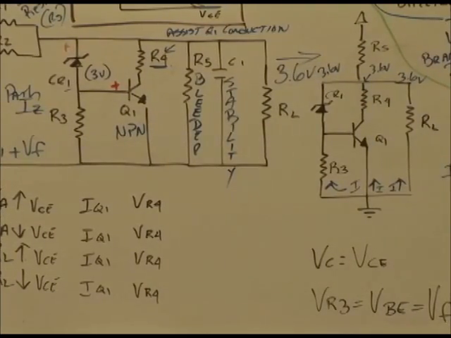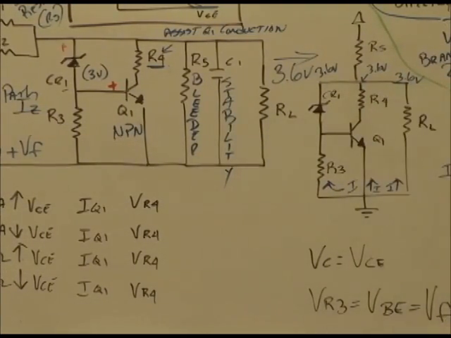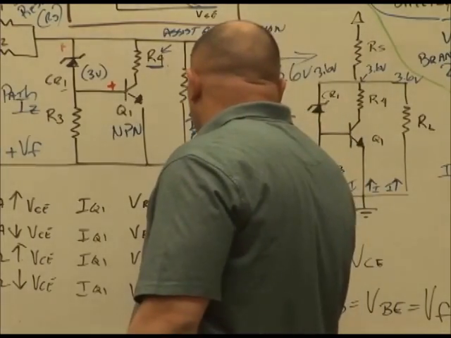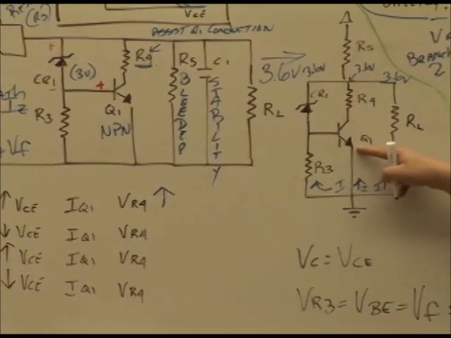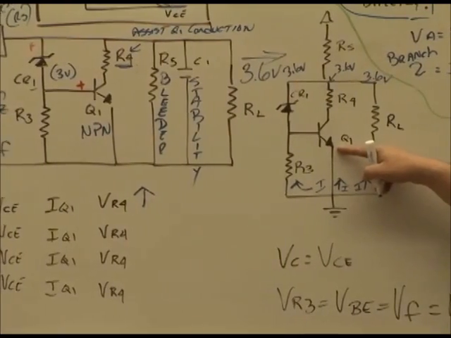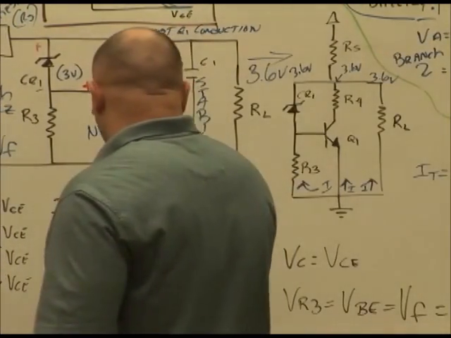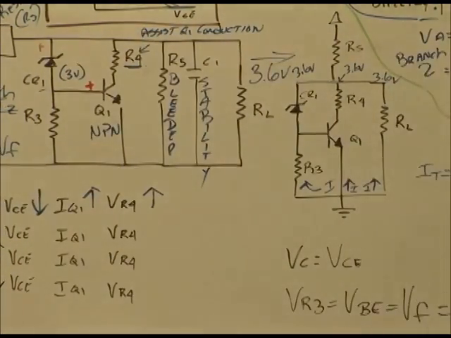Do I have more current in this branch? Okay, VR4 is going to increase. If I have more current being applied to that transistor, isn't that 100% of the current? Am I increasing current? Yes, sir.